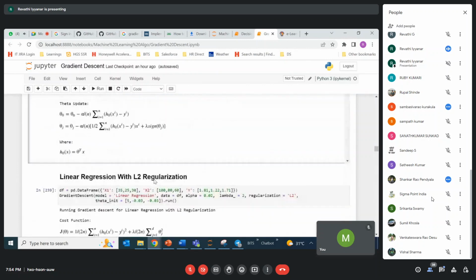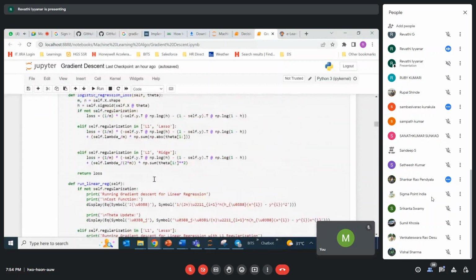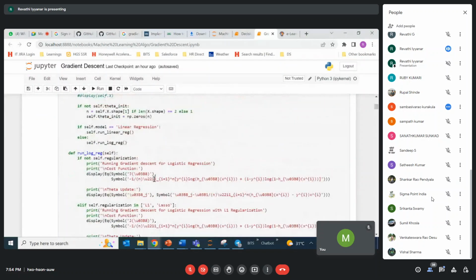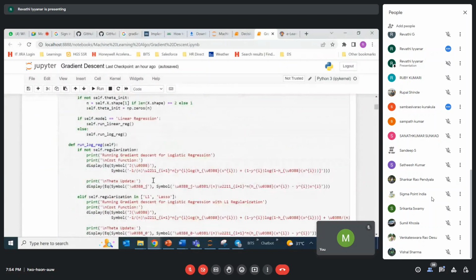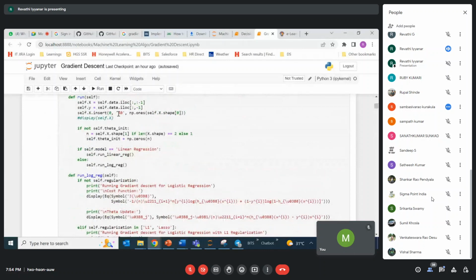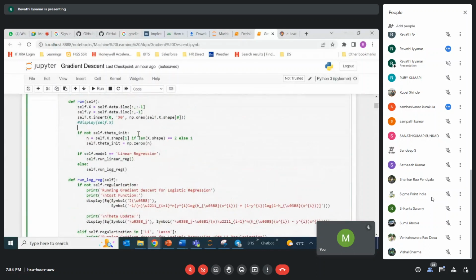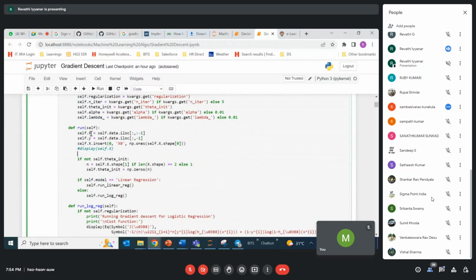So in the code, I saw that x0 was added in the code only. He added insert x0 to the x values.